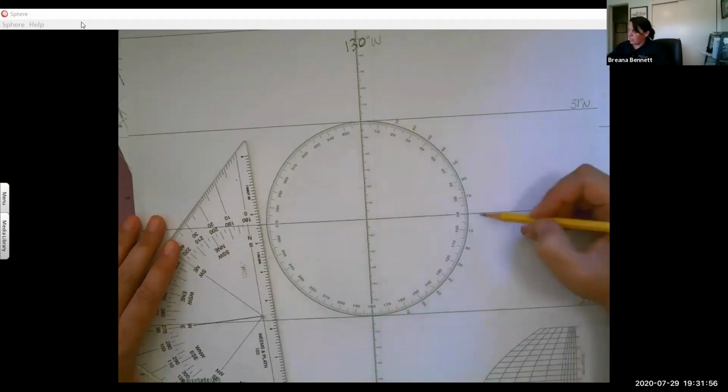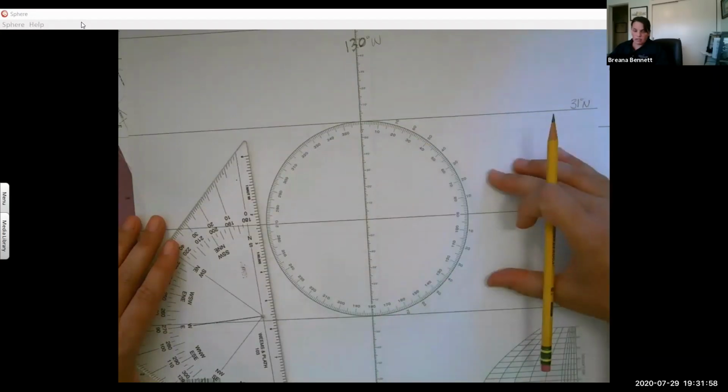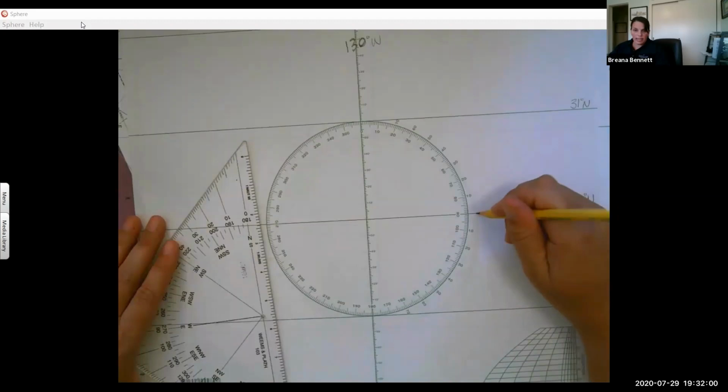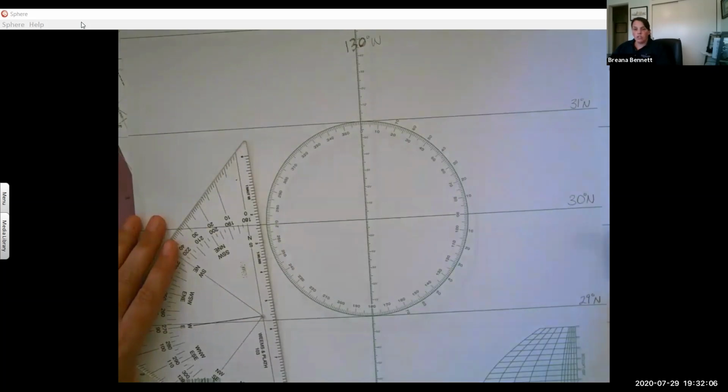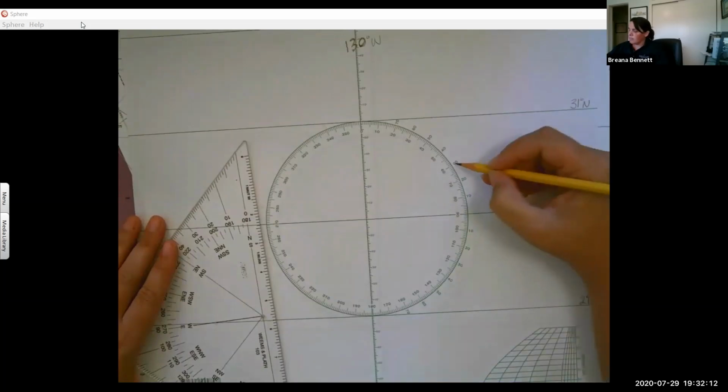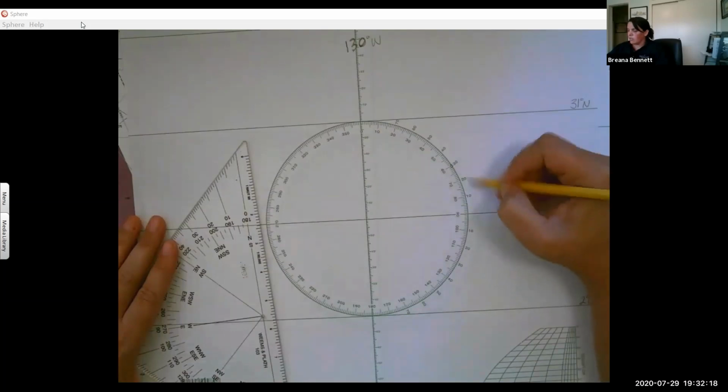But then we also have numbers just on the right side where it starts as 0 at our latitude and then 10, 20, et cetera, going up. So one way to do it is we are at 30 degrees north. So I'm going to put my pencil at 30 degrees. This is 10, 20, 30. So here is the 30 degrees that I'm doing.